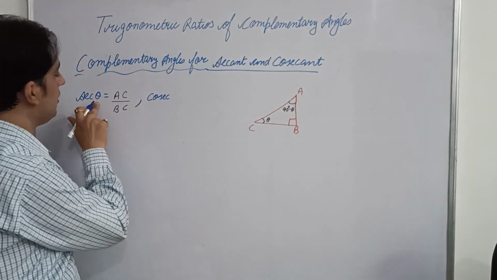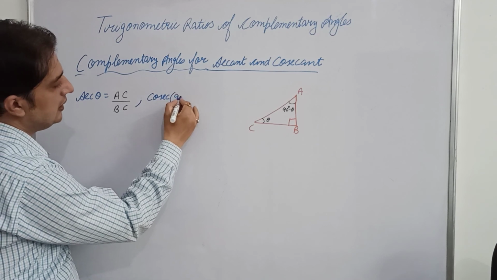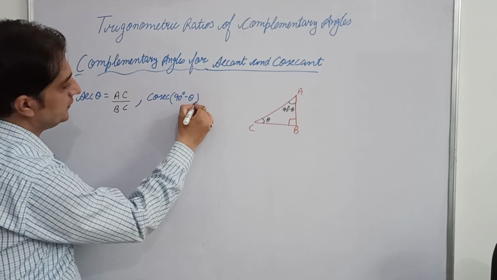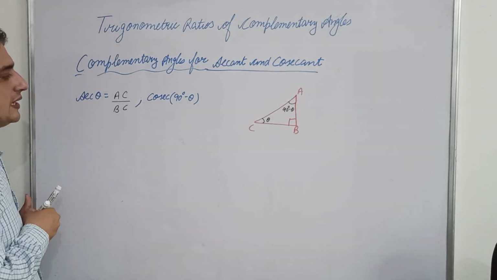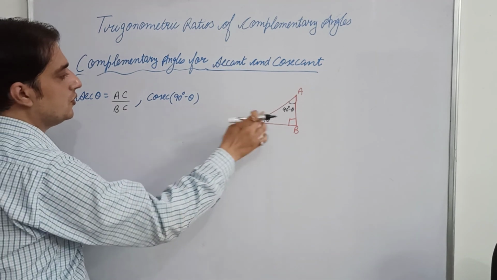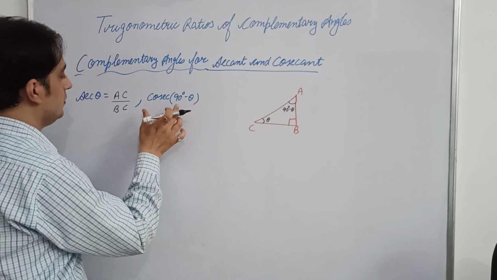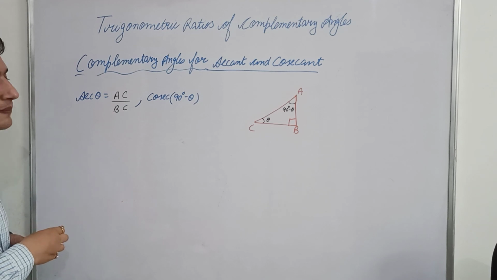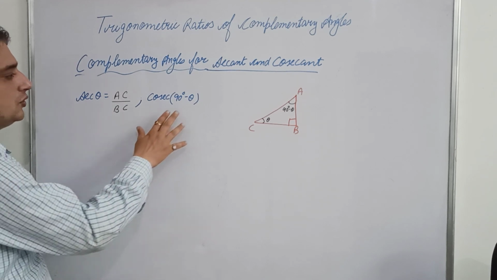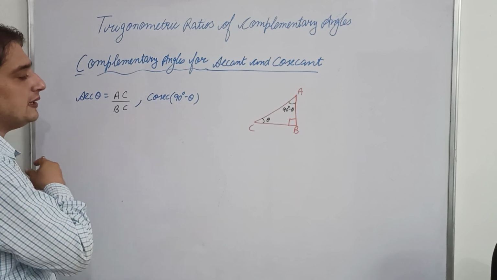Cosecant of the complementary angle of theta, that is 90 degrees minus theta. Cosecant, you know, is the reciprocal of sine. Sine is the ratio between perpendicular and hypotenuse, so cosecant is hypotenuse by perpendicular.